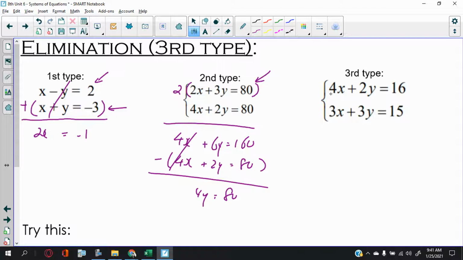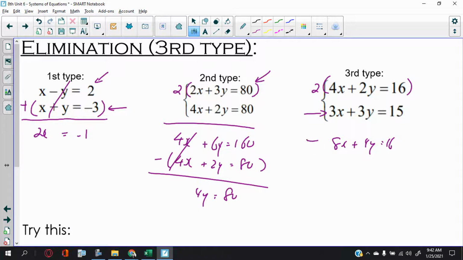A third type is more complicated than the second type, which is this. We can't just change one or the other by multiplying one of the equations by a number, because that's not gonna move the needle any. So 2 times 4 is 8, 8x plus 4y equals 16.